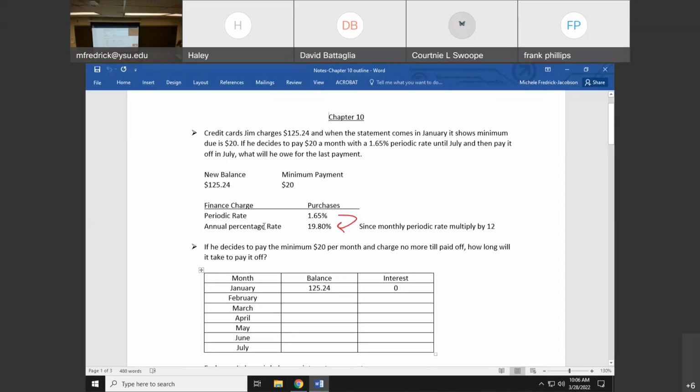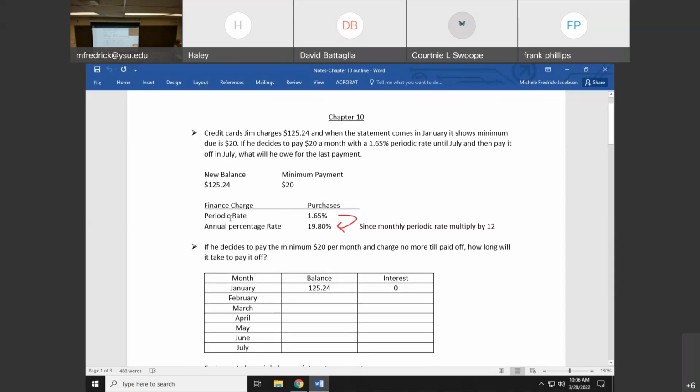Now, when you have a periodic rate, 1.65%, the annual rate, you just multiply it by 12. It's an estimate. The annual rate is usually what you use, but if you're finding it per month, it's a periodic rate.